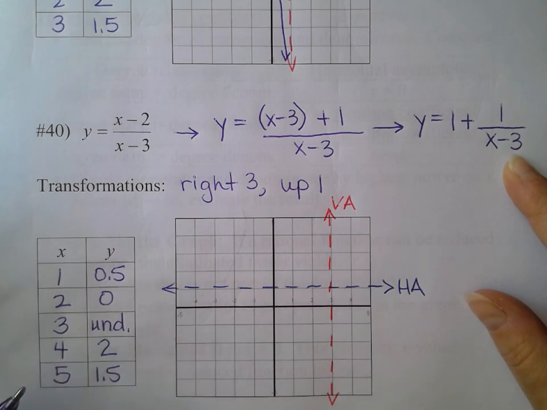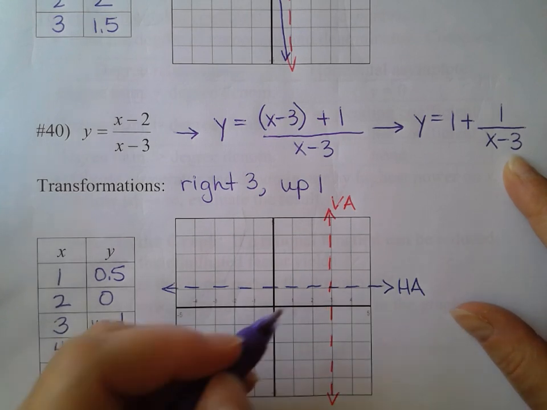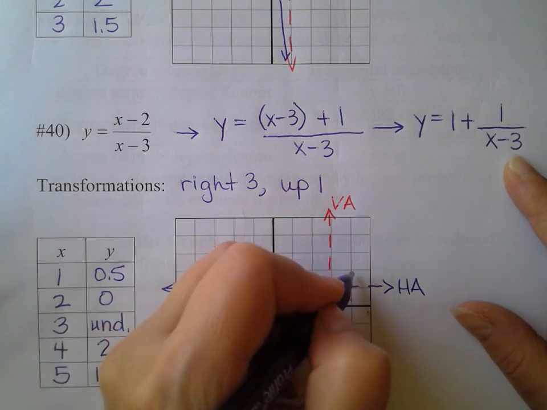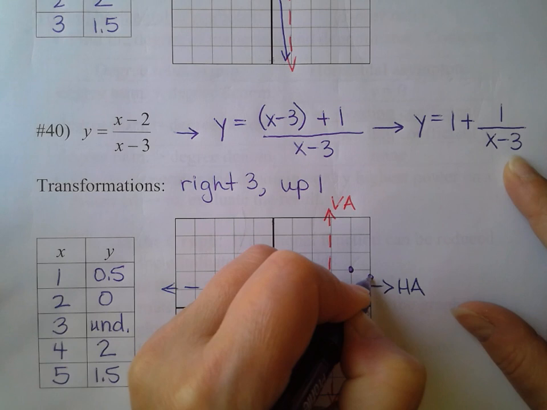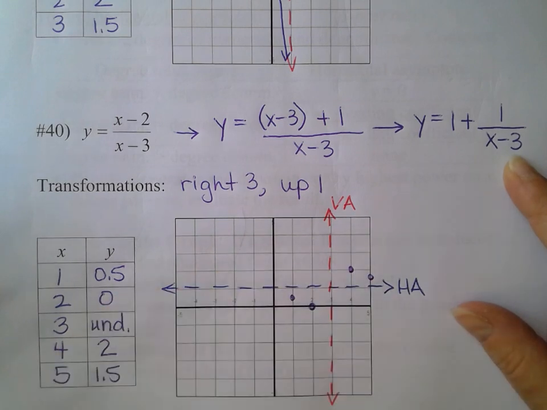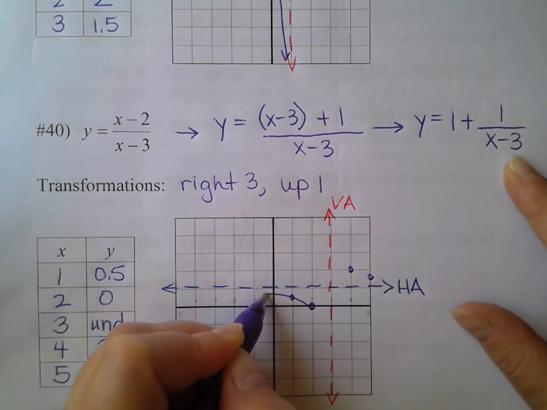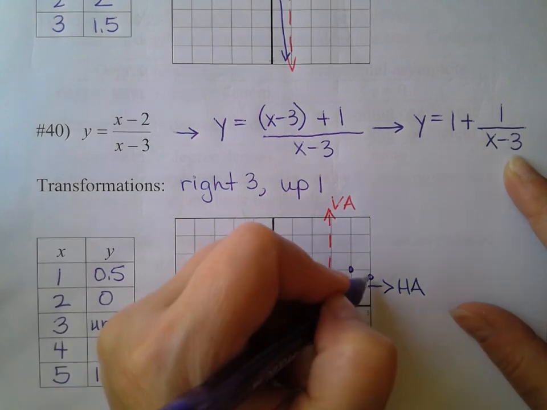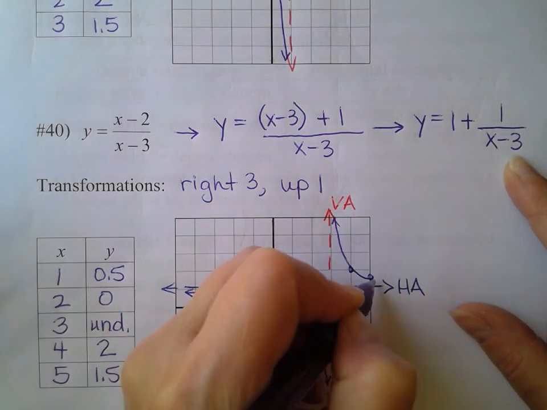Let's plot those. Remember, these two curves are going to approach the dotted lines. The vertical asymptote in the middle and the horizontal asymptote at the end.